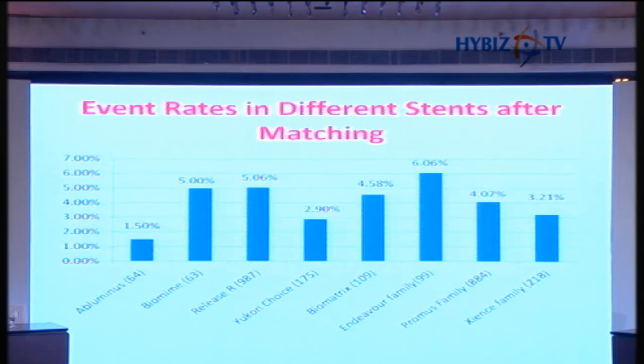Now, I wanted to concentrate on the event rates of the various stents. As you can see, between the various stents, Abluminous, Biomime, Release-R, Yukon, Biomatrix, Endeavour, Promus and Zynes family, they are more or less the same, from 1.5 to 6%, but for Abluminous only 64 stents are there. So when you look at it statistically, there is not much of significance.